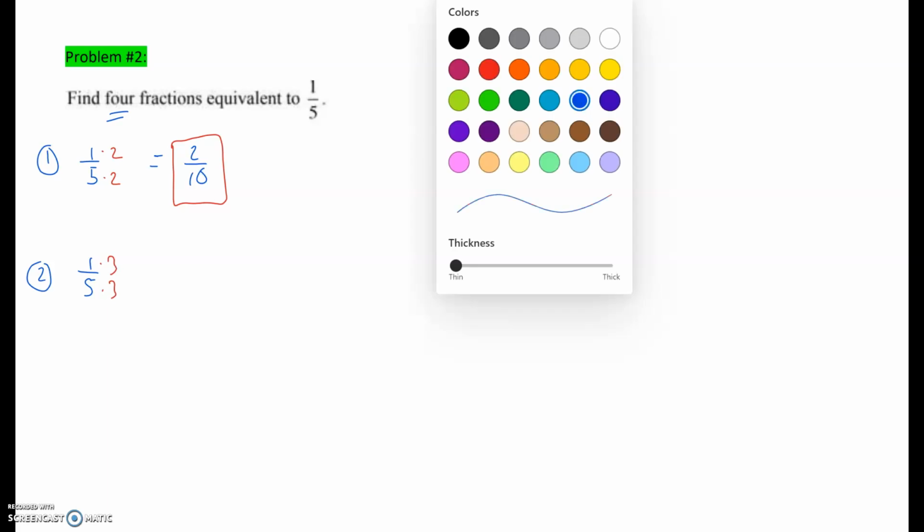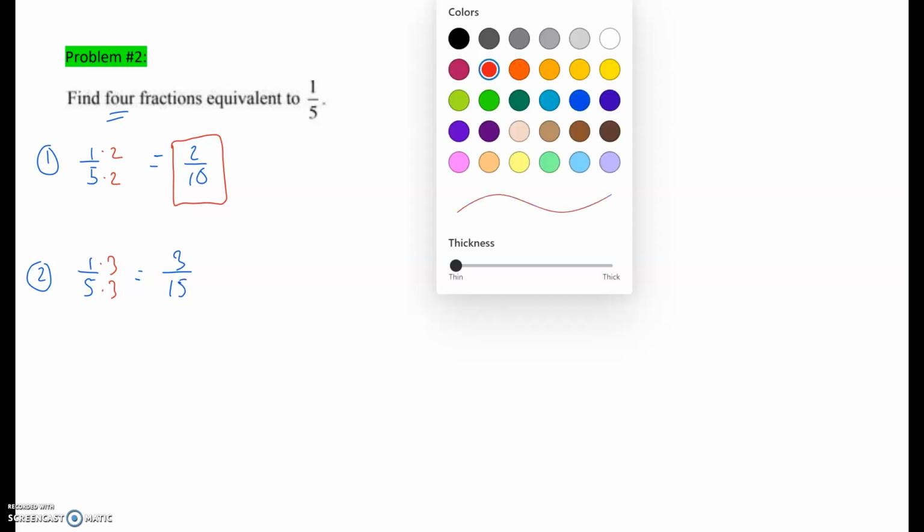Our second fraction, I'm just going to say that we have 1/5, and we're going to multiply by 3s. So times 3 and times 3. So we're looking at 3/15. This will be another equivalent fraction.